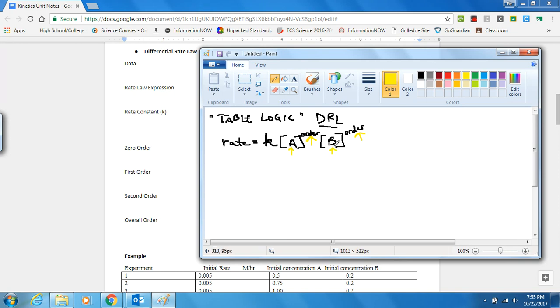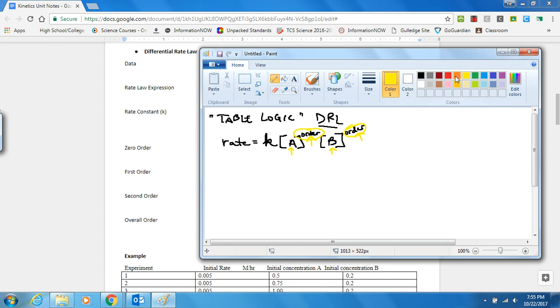I write in B, whatever that reactant is. But the numbers that I do plug in are the orders. Now the orders are going to be 0, first, or second. So for this here, you're only going to plug in a 0, a 1, or a 2. Now I know this all sounds really confusing now, but I promise it's going to come all together. So this is called rate law expression.